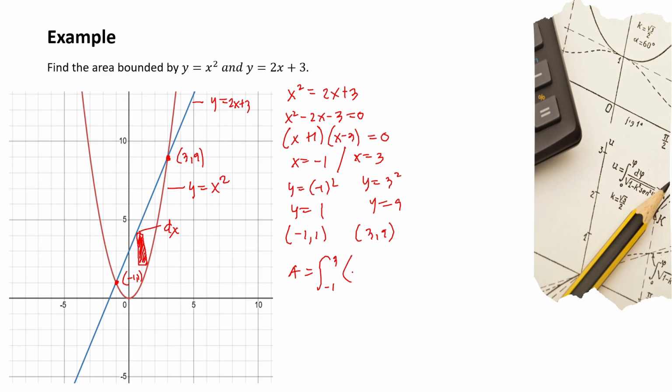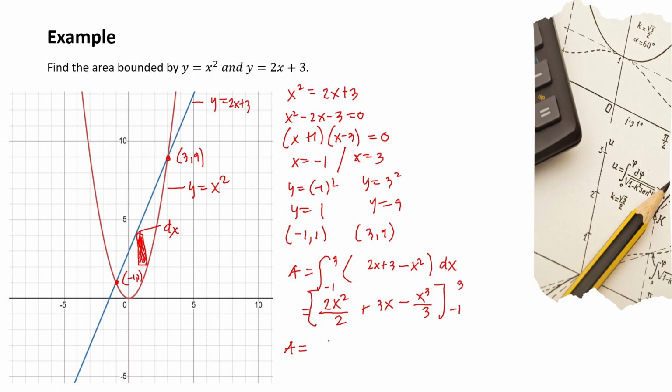First is the upper, 2x plus 3, minus the lower, x squared, with respect to x. We first take the integration of this one. The integral is 2x squared over 2 plus 3x minus x cubed over 3, with bounds from negative 1 to 3.